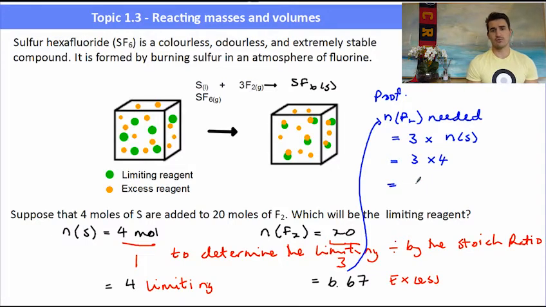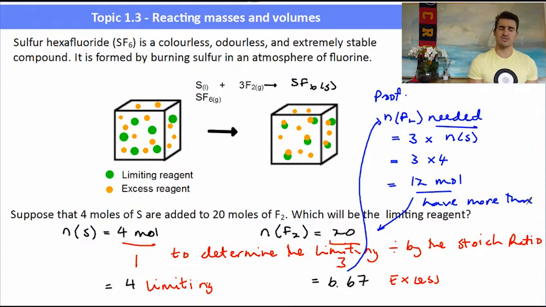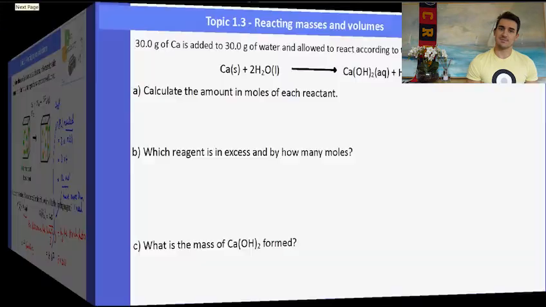So it's 3 times 4, which is 12 moles. So to react with all of the sulfur, I would only need 12 moles of fluorine. But I have 20 moles. I was given 20 moles in the question. So I have more than I need, so it must be in excess, and that means sulfur is limiting.